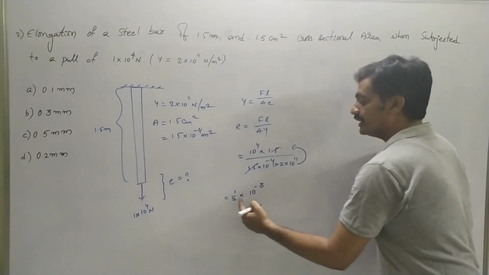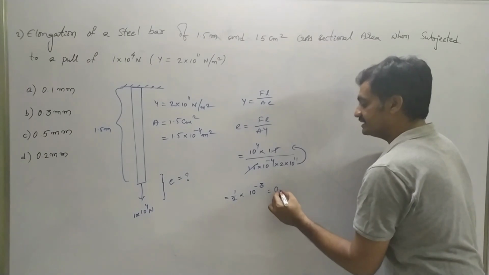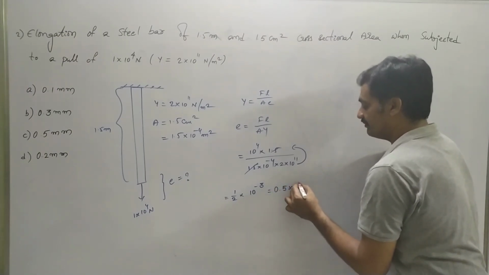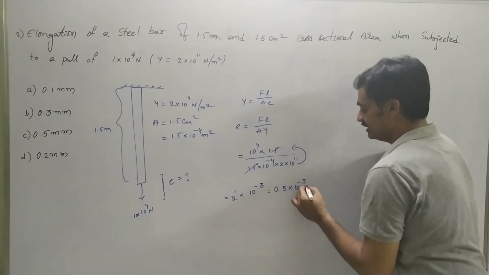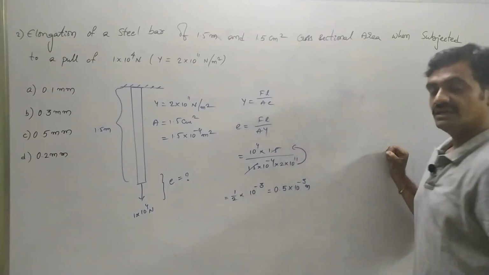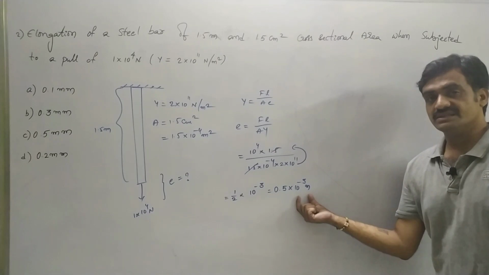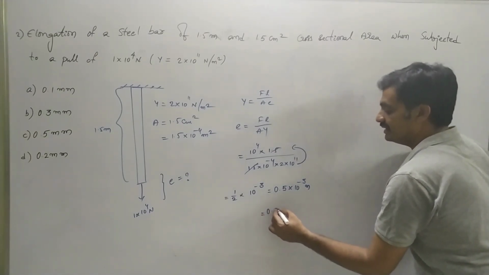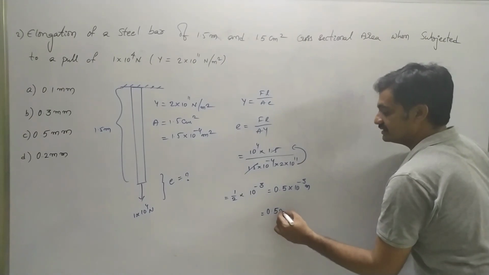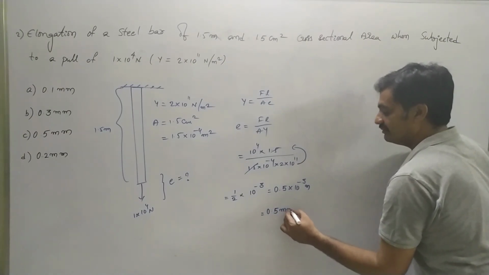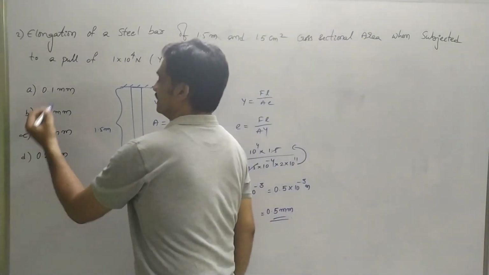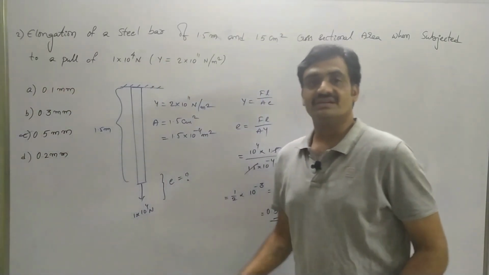And 1 by 2 can be represented as 0.5 into 10 to the power of minus 3 meter. 10 to the power of minus 3 meter can be represented as millimeter. So here we get 0.5 millimeters. Option is C. Take a screenshot, we'll continue.